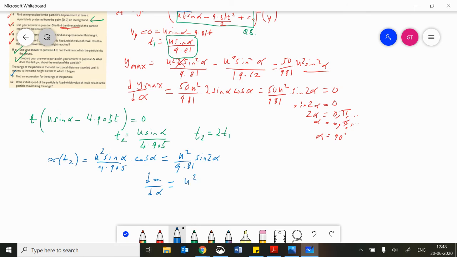Now we've got a constant in front, 9.81, so that's our constant. Now we're going to differentiate this thing. Again, you could use the chain rule here, but it's pretty simple on this one. So sine becomes cosine of 2 alpha, and the derivative of the thing inside with respect to alpha is going to be 2. So there we go, there's our expression.